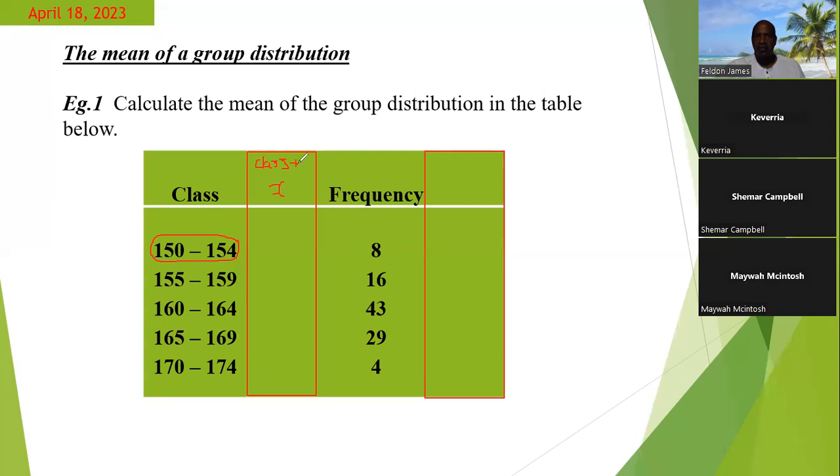So the class midpoint values will go in that column. And this column will still have your X times your frequency.